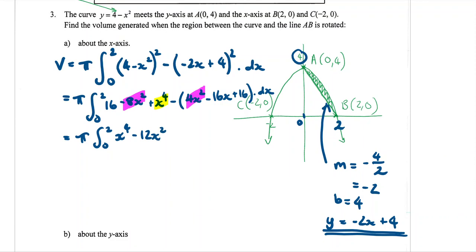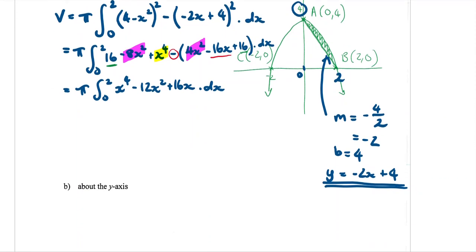Then looking at my x terms, I have just this negative 16 in here, but because of the minus at the front, that would become a positive 16x. And lastly, I would look at the constant 16, and then minus, when I expand it out, 16, they actually disappear. You could do this in more lines, but there's not a lot of space here. So let's just go with that one.